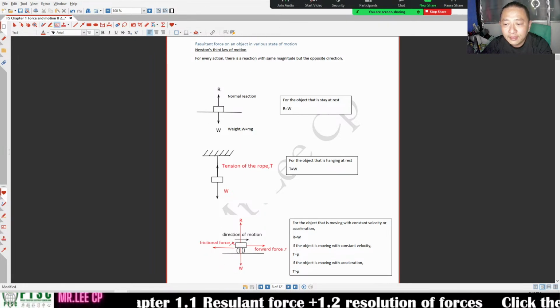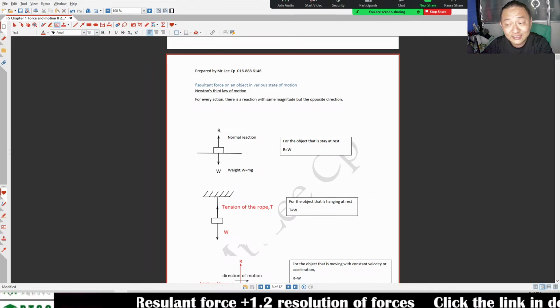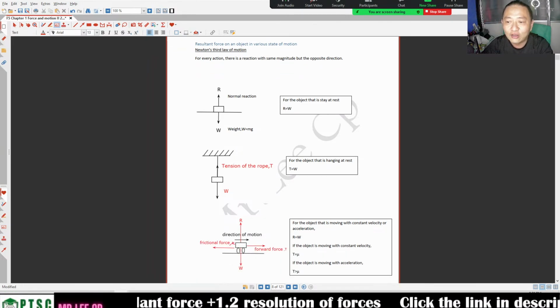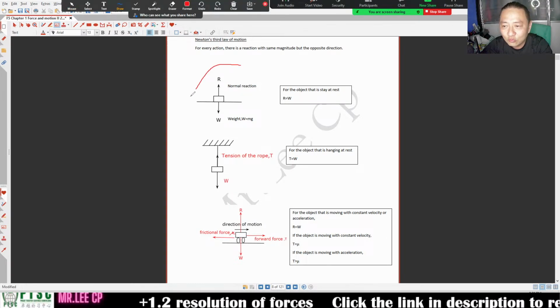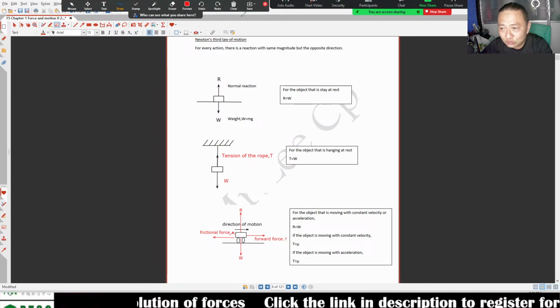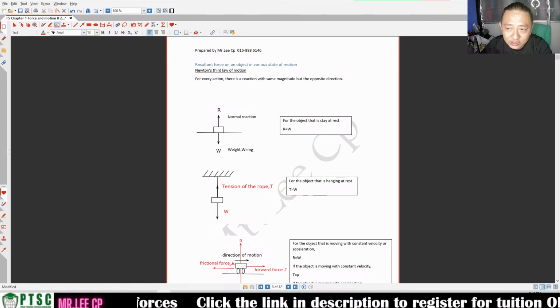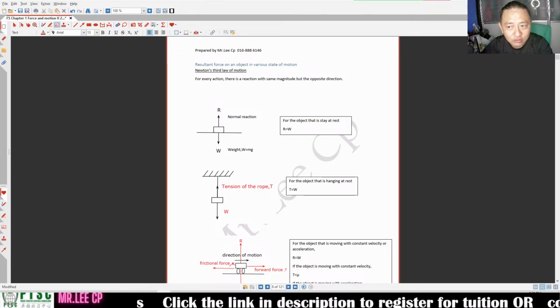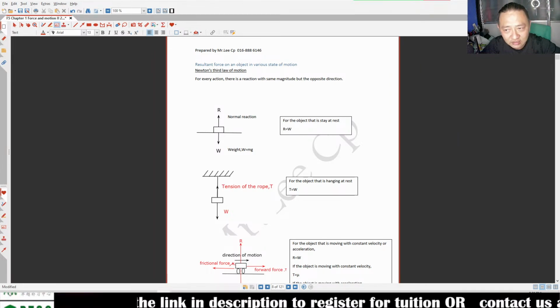Before we learn resolution of force, next week we are going into detail. This week we are going to learn what types of force we have. But before we learn the kinds of force and their names, we need to know the law. This comes from Newton's third law.